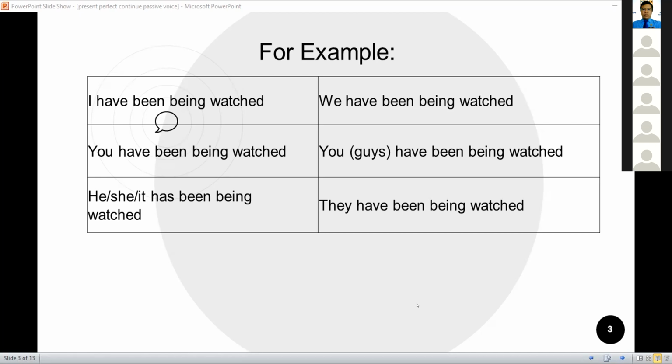Okay, that's good. So can you give me one example? Example: the toy has been being broken by the children. Yes, teacher.